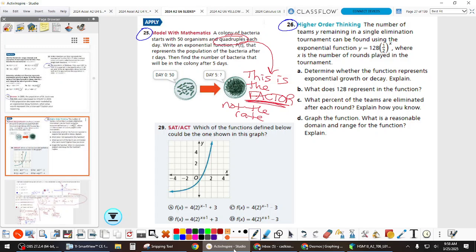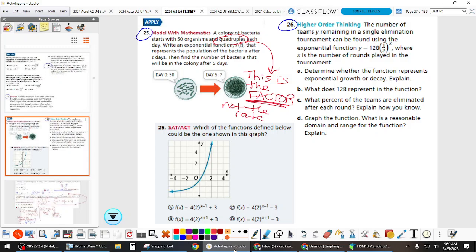Rounds is kind of a function of time, but we don't have infinite rounds. You're a basketball guy. How many rounds are in March Madness? Isn't it like 8 or 10? 6 rounds. So that would be a reasonable domain for the March Madness one.